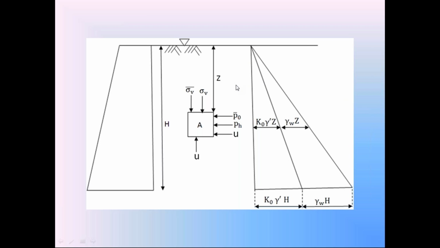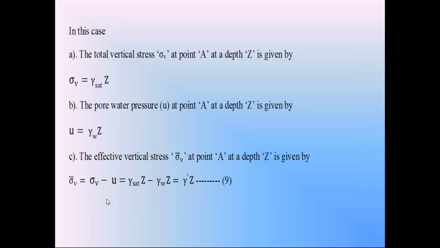In the saturated condition, the soil element in the backfill is subjected to two vertical stresses: total vertical stress sigma V in the downward direction, sigma V equal to gamma saturation into depth Z, and the pore water pressure U acting in the upward direction, U equal to gamma W into depth Z. So the effective vertical stress sigma V dash is equal to sigma V minus U.